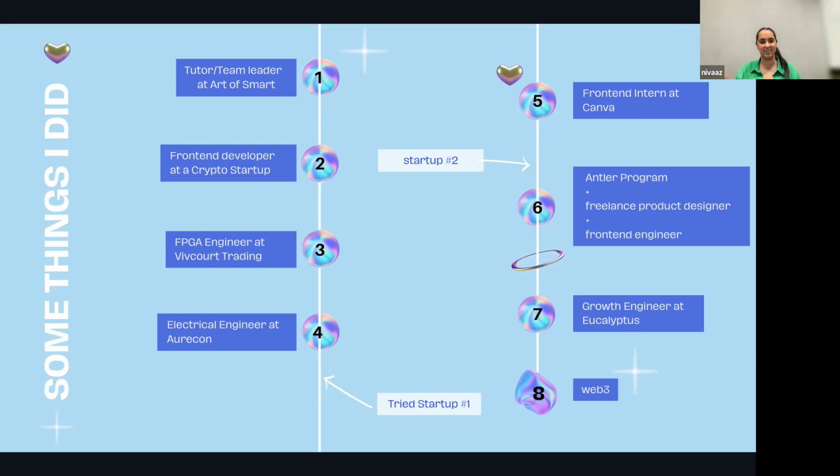I actually started off doing electrical engineering as my degree at university. Then I became a tutor at Art of Smart, where I started deep diving into web, tech, all that kind of stuff, and did a little bit of designing an ATAR calculator. From there, I moved to work at a crypto startup for a little while.